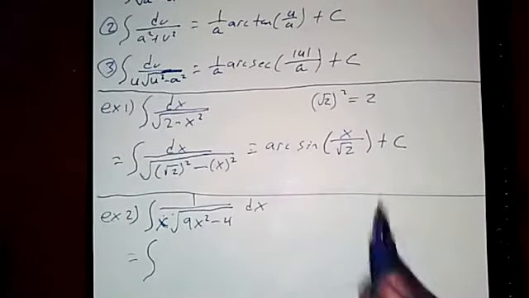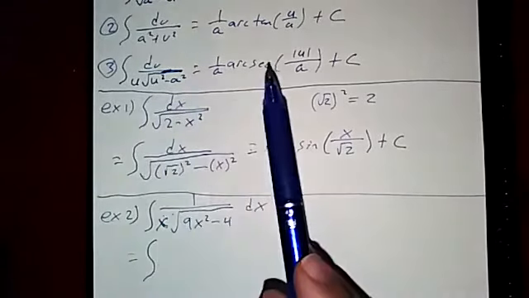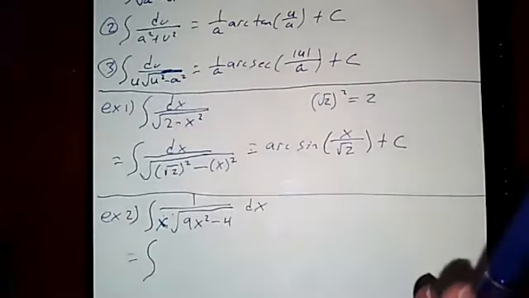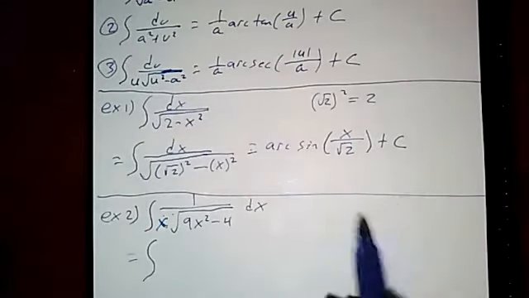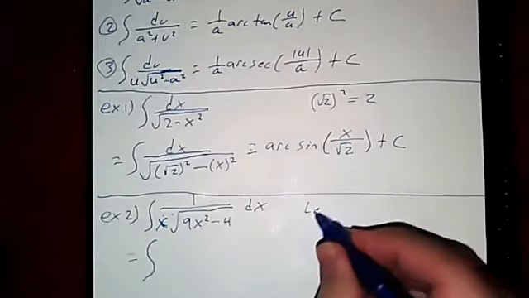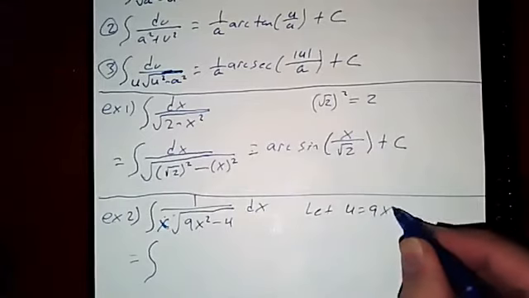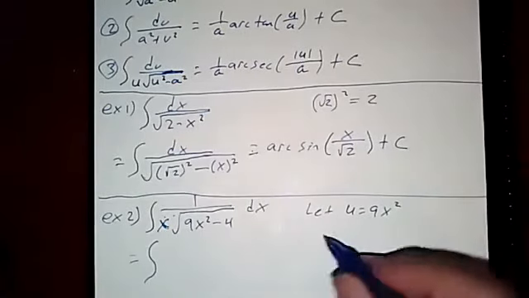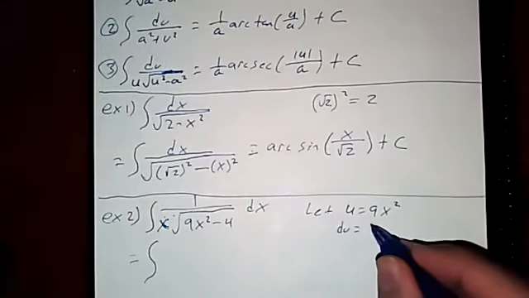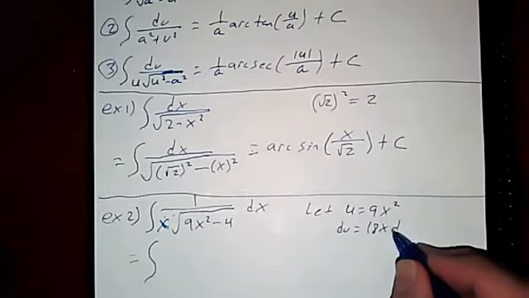It says that we need to have u squared, and then there needs to be a u out here. So we're going to have to do a u sub before we do anything to make it happen. So let u equal 9x squared, du equal 18x dx.